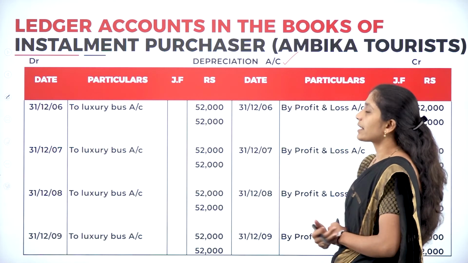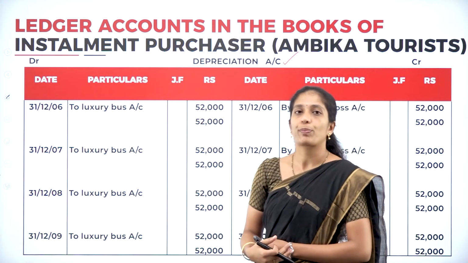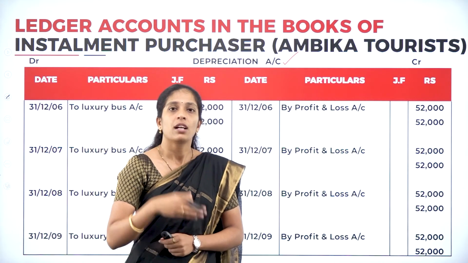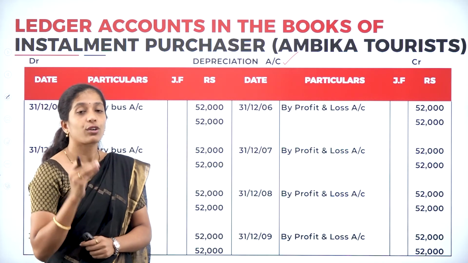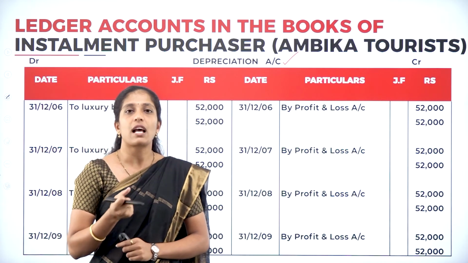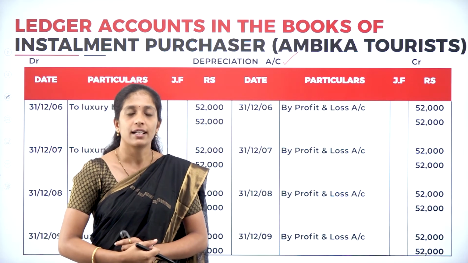Now come to the last account, that is the depreciation account. As I told, when we are going to charge the depreciation in all the years, since we record purchase entries in the books of the installment purchaser, the installment purchaser is having an asset, so he has to calculate the depreciation.